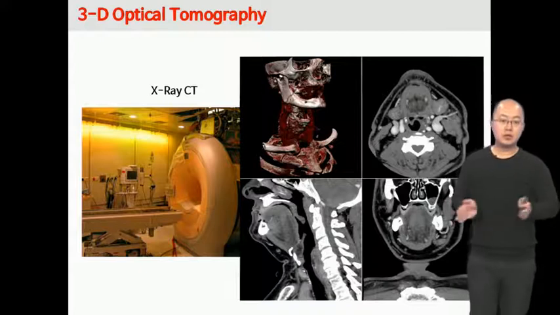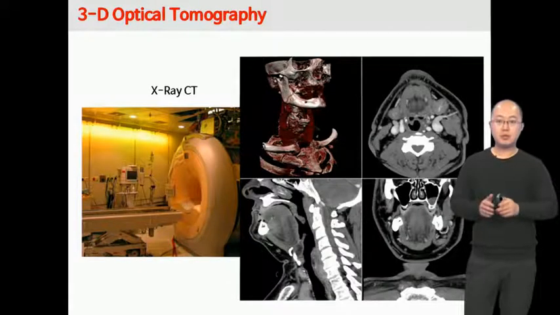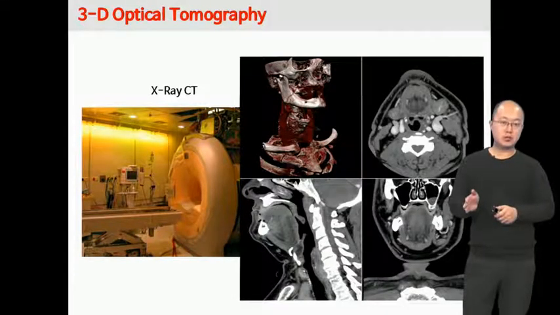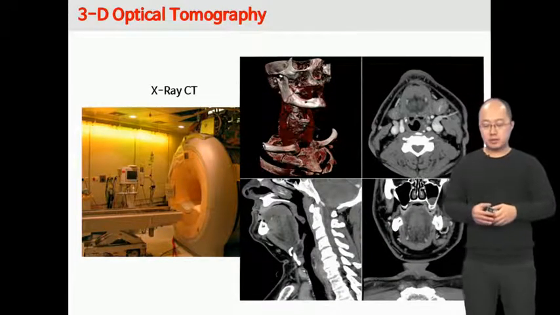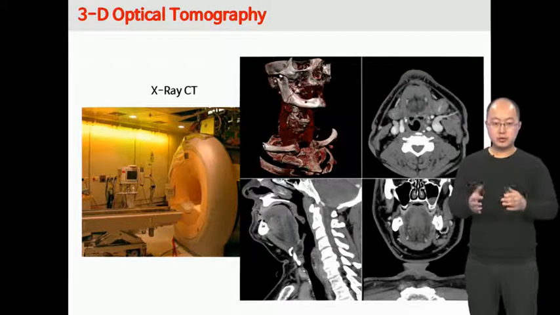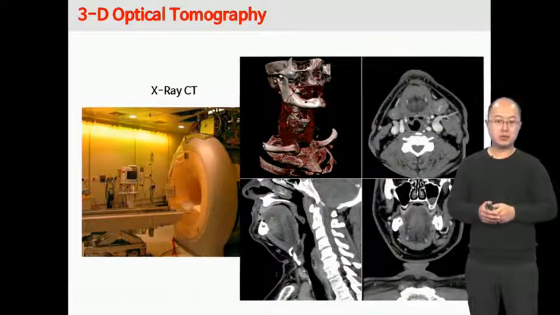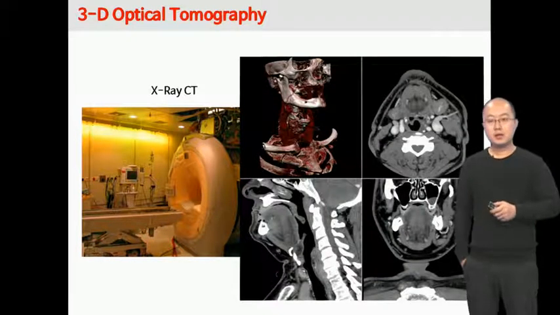However, all the images I have shown previously were two-dimensional information. The two-dimensional hologram provides a two-dimensional phase delay map that does not provide tomography information, only topography, or height, information. To measure a three-dimensional tomogram, you can get some idea by thinking about the principle of X-ray CT, the computed tomography system.